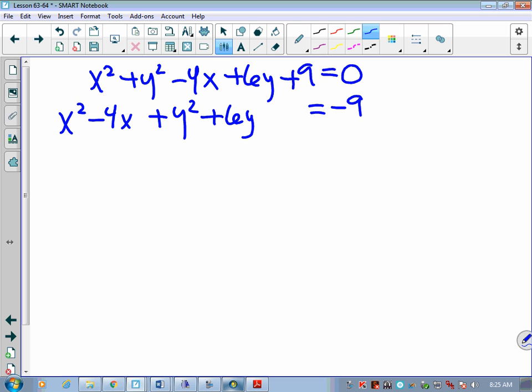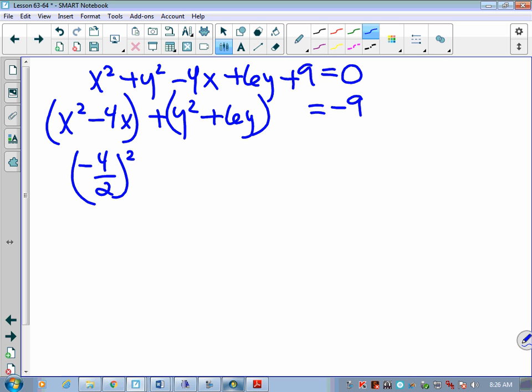Now, it says to solve this circle by completing the square. So we're going to take each of these individual sections and complete the square, which means, what am I going to do with that negative 4x? I'm going to take that negative 4 divided by 2 and square it.